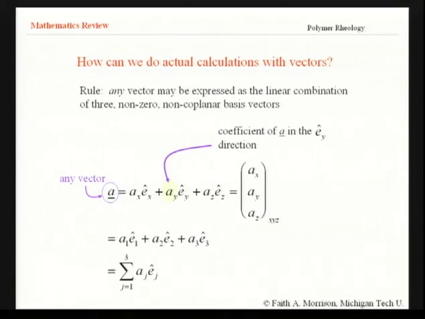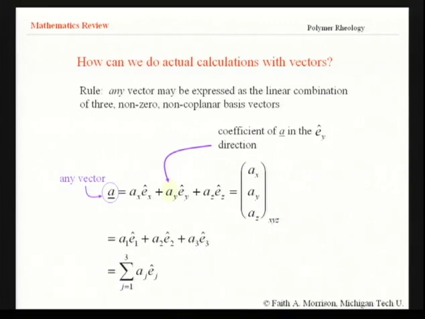The subscript xyz on this column vector says this is just a way of organizing the three coefficients of the vector A with respect to a particular coordinate system. If I change coordinate systems, these numbers change. And I'm very explicit about what coordinate system I'm talking about.